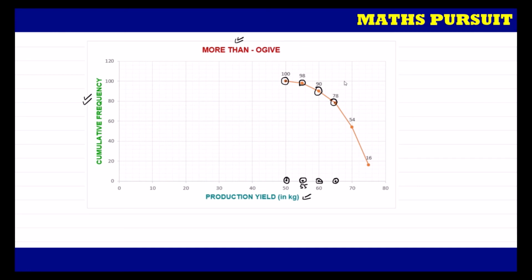Then we have 70, 54. 70 on the x-axis, and 54 on the y-axis. And then finally the last one we have 75, 16. 75 falls here, and 16 is this one. Hope guys, this is how we plotted our ogive curve.